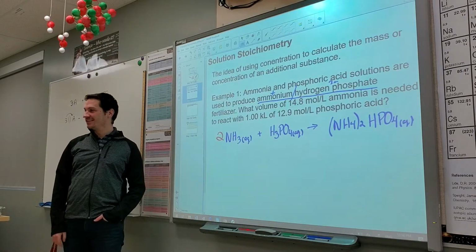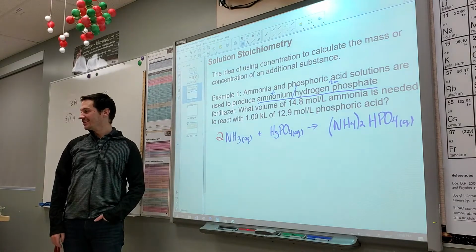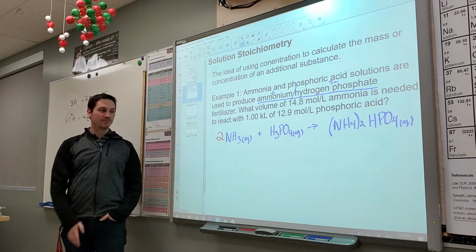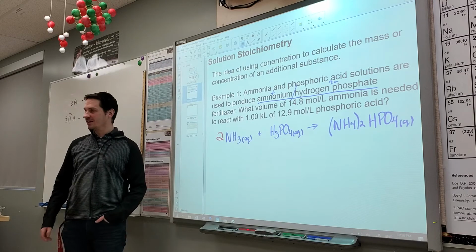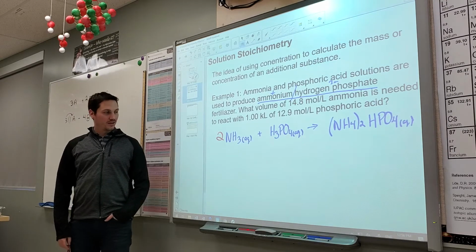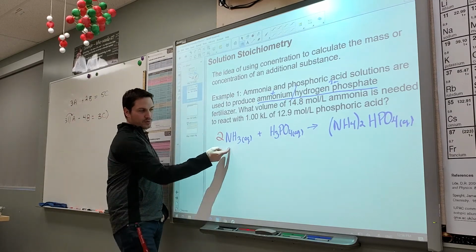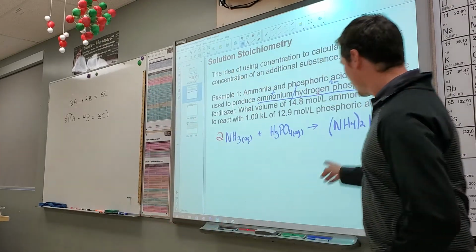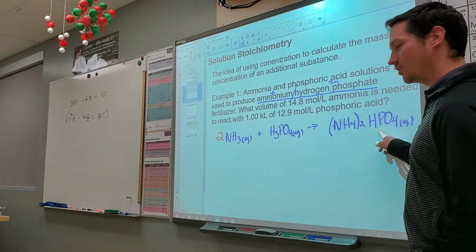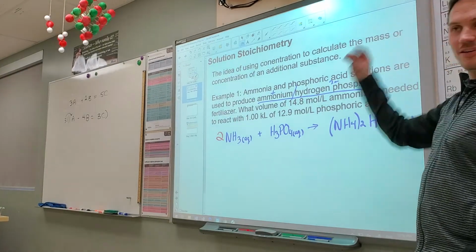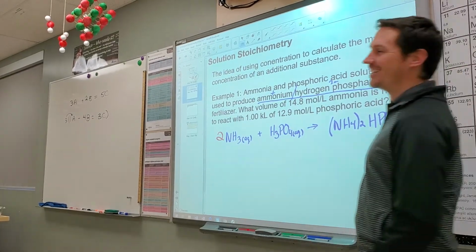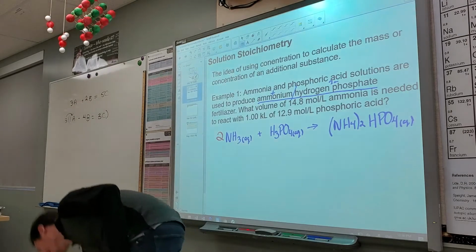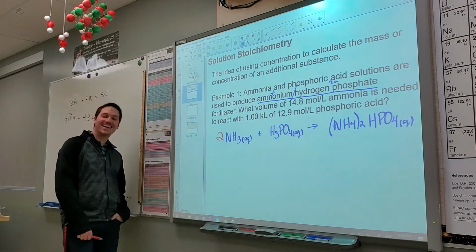Tell me how many hydrogens are on the left side. 9. I see 6 plus 3 is 9. And on the right I see 2 times 4 is 8, plus 1 is 9. It's okay, it's okay.